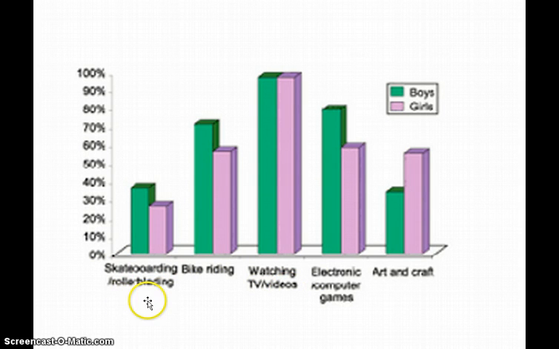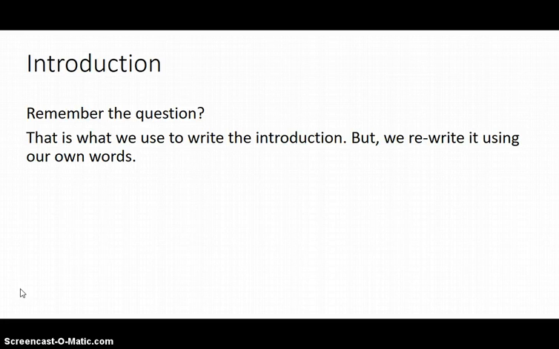We have skateboarding and rollerblading, bike riding, watching TV or videos, electronic computer games, and art and crafts. And looking at the key here, we can see that boys are represented in green and girls are represented in purple. And so now, remember the question?